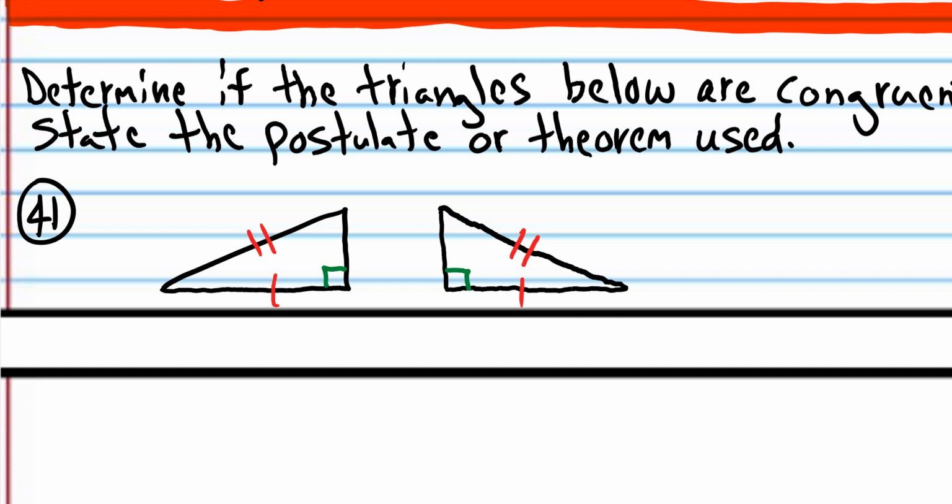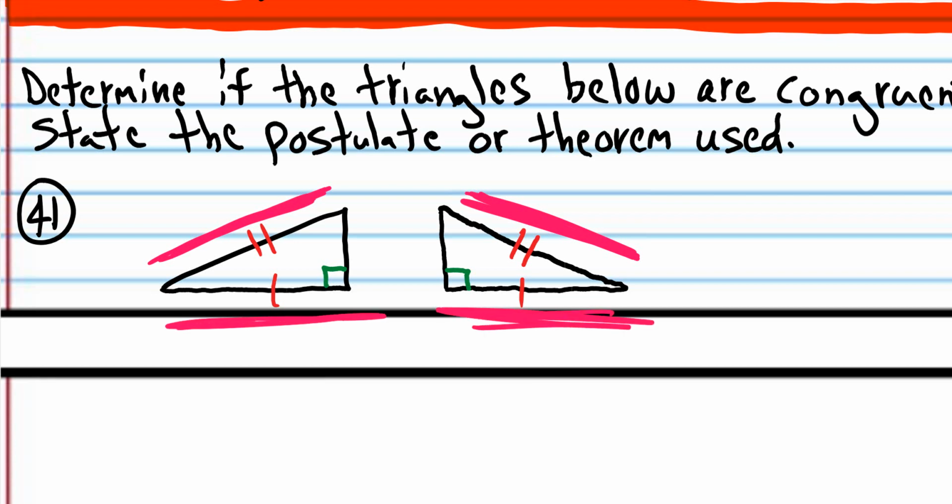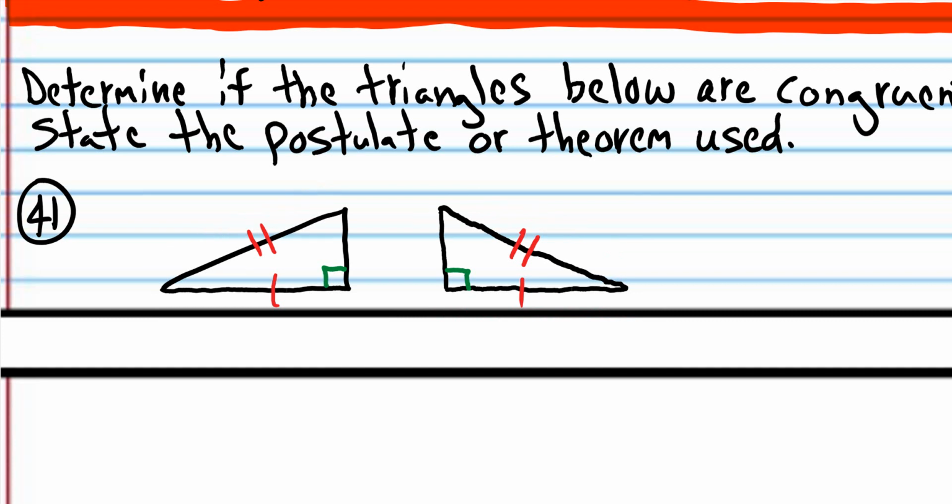And if you want to prove that it works, you use the Pythagorean theorem. We learned the Pythagorean theorem in a previous class. If you know that the hypotenuses are congruent, and you know there's a leg in each triangle that's congruent, then by using the Pythagorean theorem, you can show that the third sides must be congruent also.